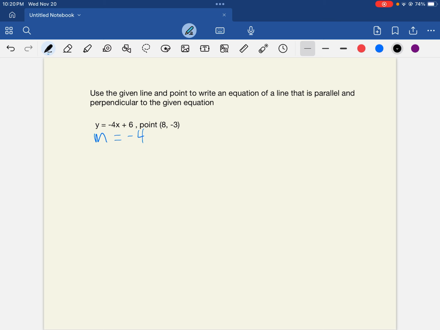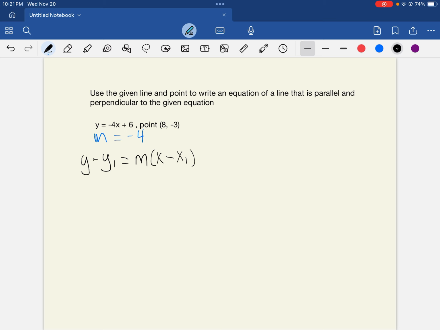As a reminder, the equation for point slope is y minus y1 is equal to m times the quantity x minus x1, where y1 and x1 are the coordinates of the point that we're given.